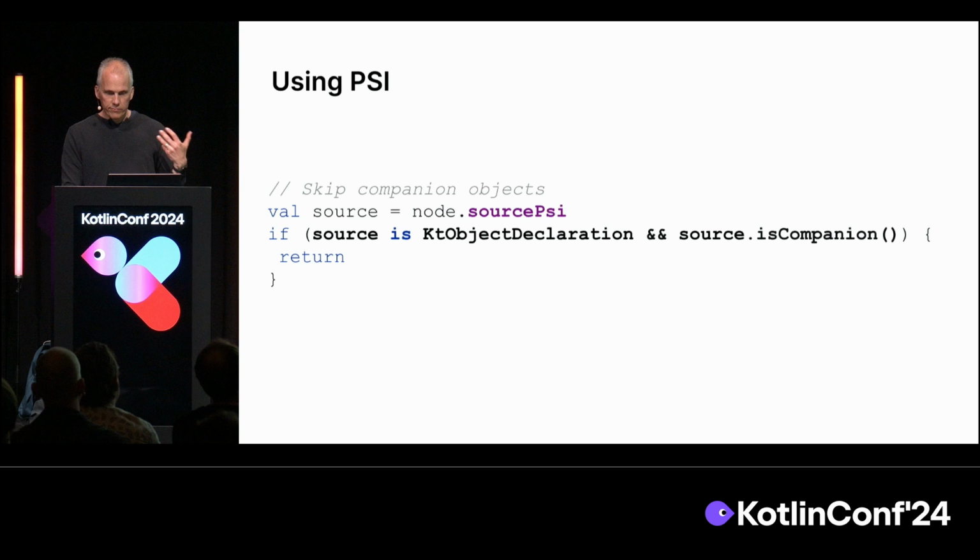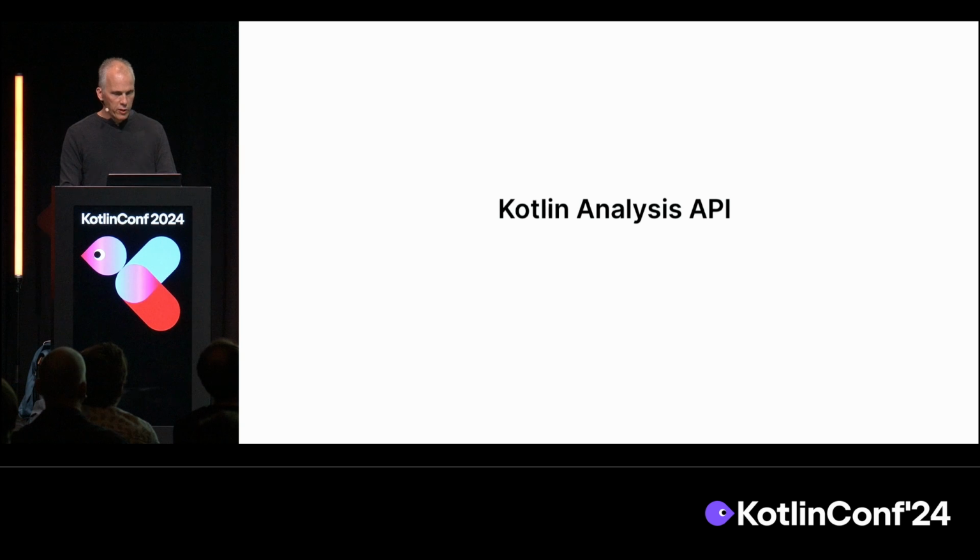In the debugger, you can see what the concrete PSI element is and use code completion to explore it. And as you can see, it's actually very easy to see if the PSI element is a companion object. So using Kotlin PSI was the state of the art for correctly analyzing Kotlin code until recently.